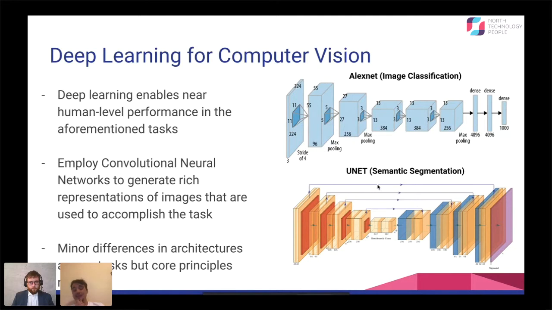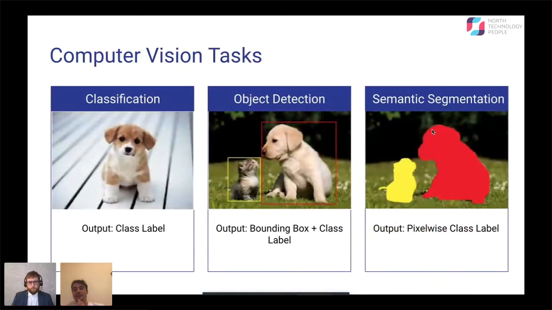In the case of semantic segmentation, it's very similar. You could see the first half here looks very similar to what we have in AlexNet. But since it's used to do semantic segmentation and not image classification, we also have the addition of this decoder, which upsamples the features back to the size of the original image, so that we can say for each pixel what its class is.